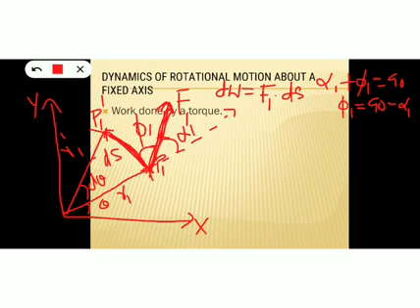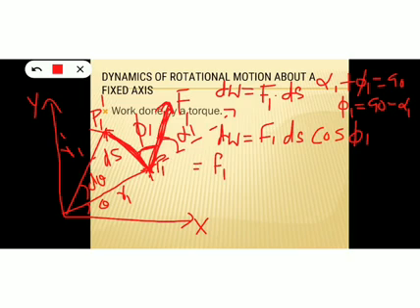So the angle between F1 and ds is phi 1. So here you can write dW is equal to F1 ds cos phi 1.